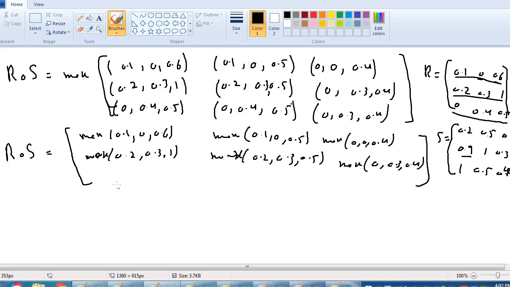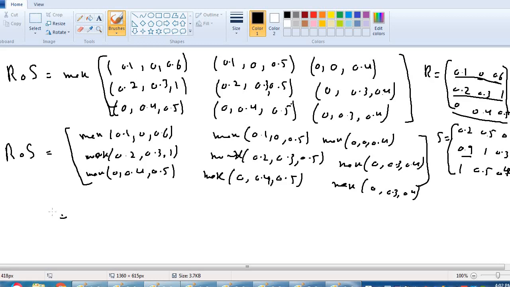Then for the third one, we have the max of 0, 0.4, 0.5, then the max of 0, 0.4, 0.5, then the max of 0, 0.3 and 0.4. So now we take the maximum value from all the three numbers.